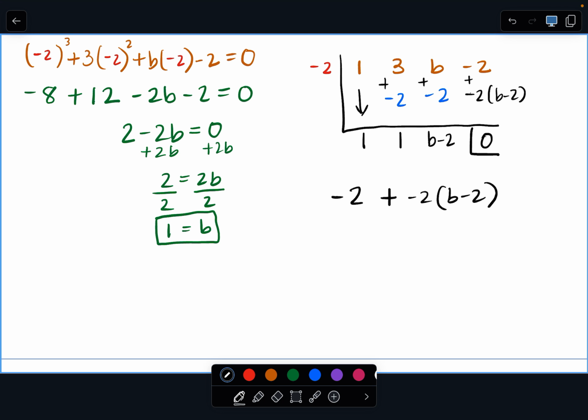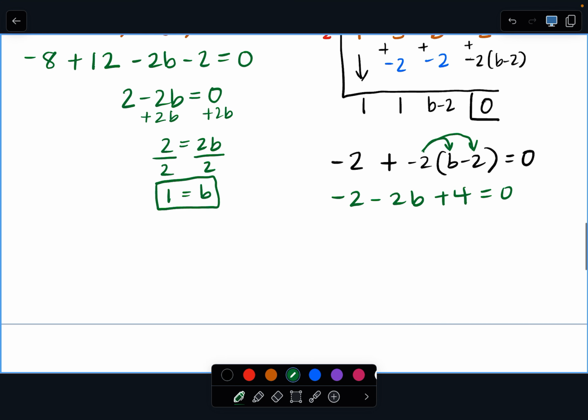Technically we should say minus, but we're going to leave it alone. Don't forget, this is going to distribute. Negative 2 minus 2b plus 4 is equal to 0. And this should start to look somewhat like we did in the remainder theorem. I'm going to have negative 2b plus 2 is equal to 0.